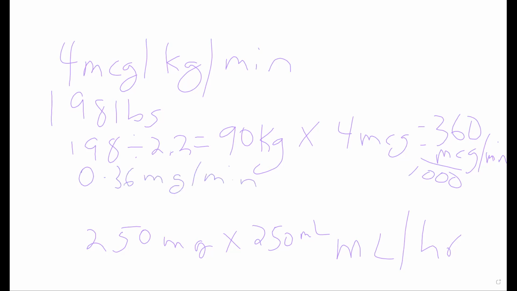Okay, now we have to convert that to milligrams per hour. So we're going to multiply this by 60 because 60 minutes equals 1 hour, right? We also have to multiply this side by 60. Again, everything should be left in your calculator. And now you should have 21.6 milligrams per hour. Everybody with me?